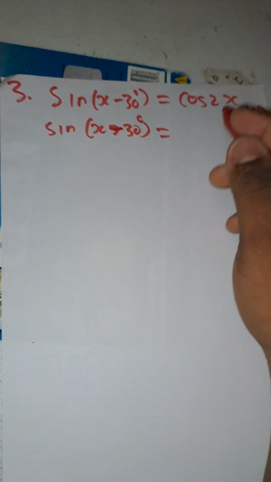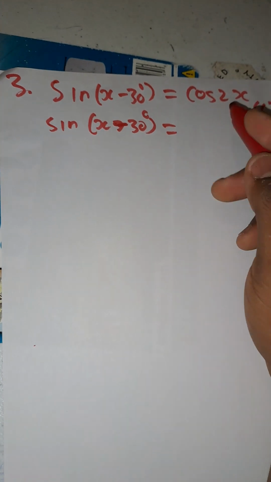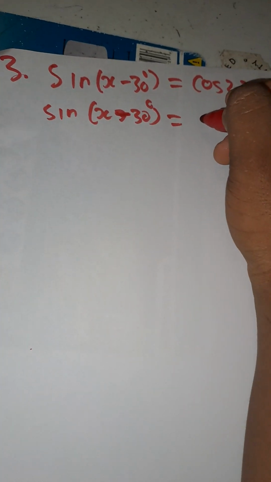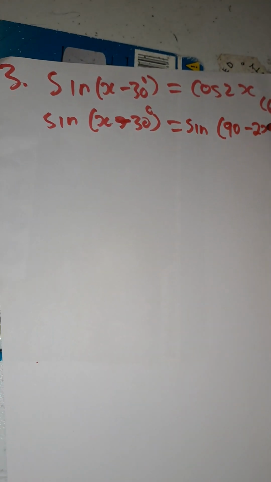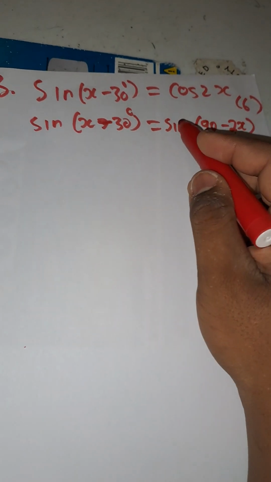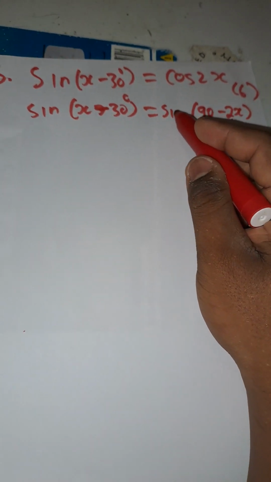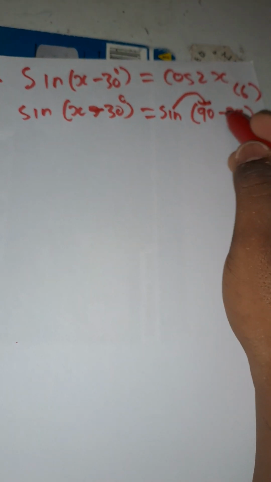But how? Remember the co-ratios I taught you, or the co-angles. They change by 90. So I can simply say sin(90 - 2x). Remember, 90 minus theta is positive for sine, and 90 minus theta changes sine to cos.